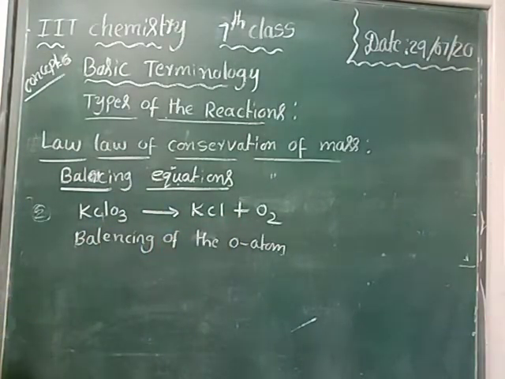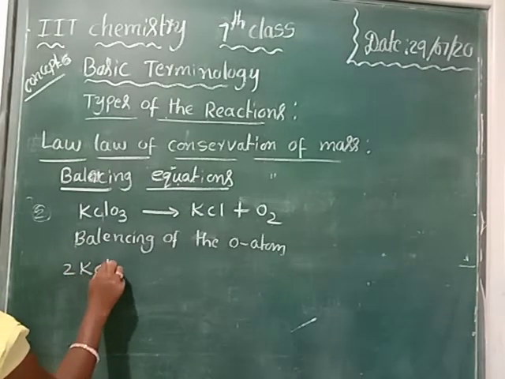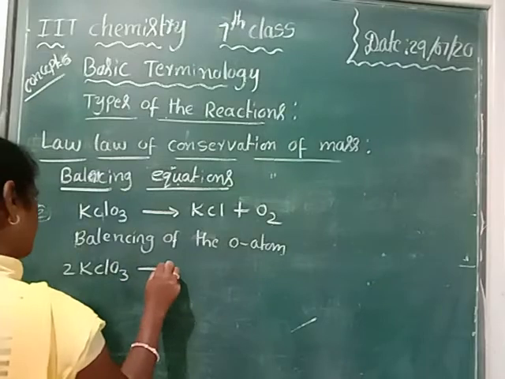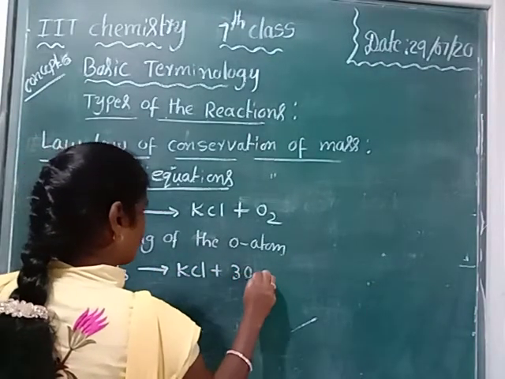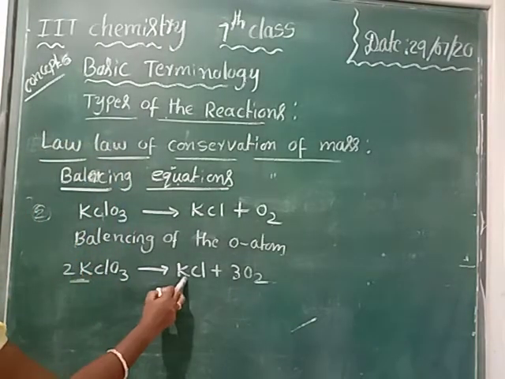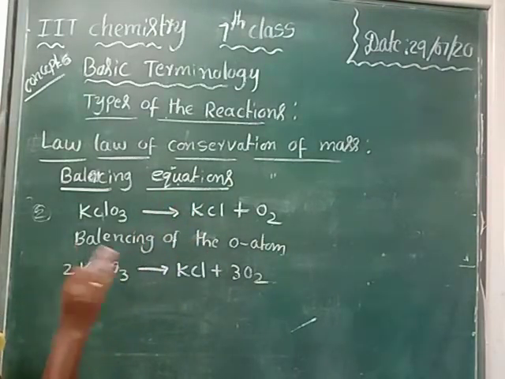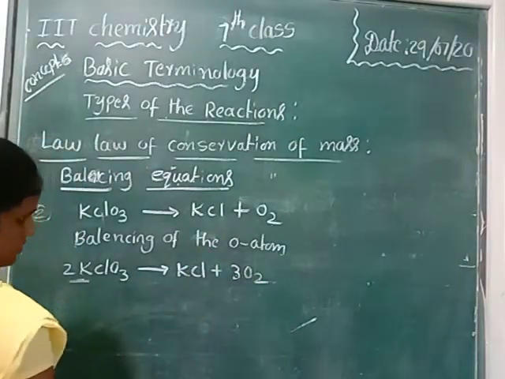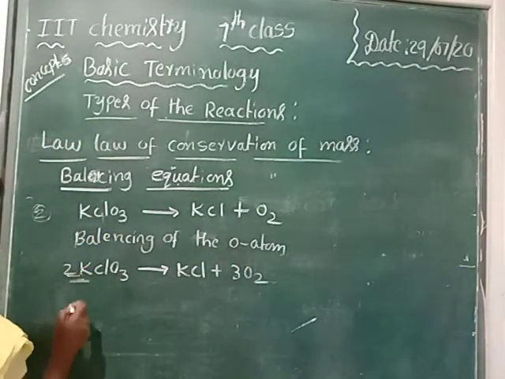Here 2 oxygens. After balancing, the equation is 2KClO3 gives KCl plus 3O2. Here potassium is 2, here potassium 1, but look only at the oxygen atoms. 2 threes are 6 oxygens, here 3 twos are 6 oxygens. Oxygen balancing is over.